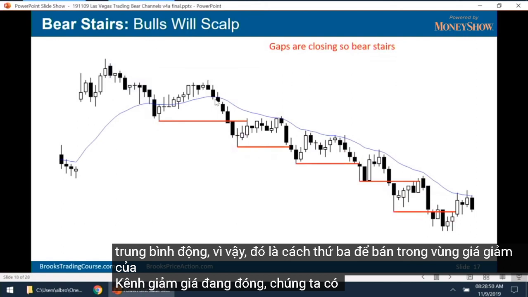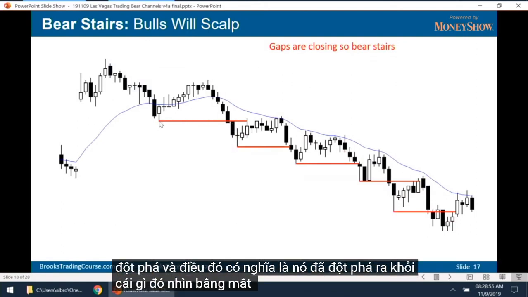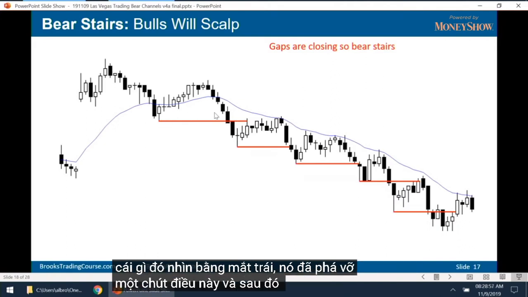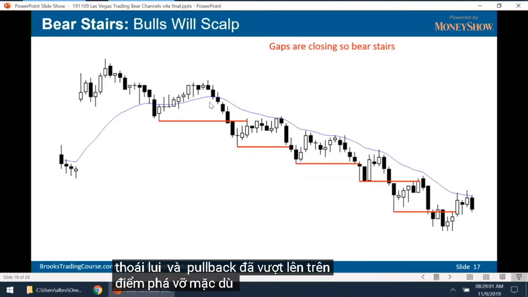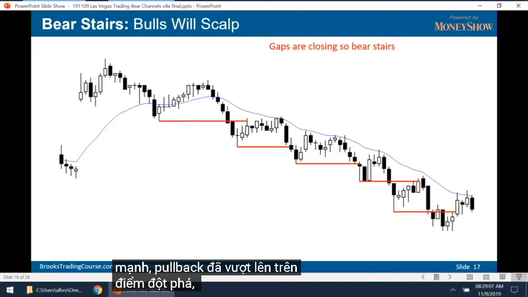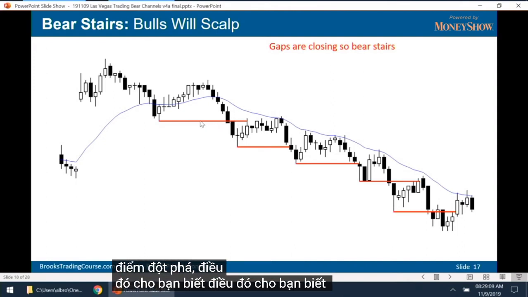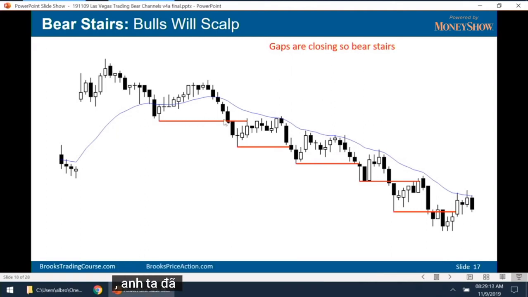Gaps are closing. We have a breakout, and that means it broke out of something. Look to the left, it broke below this. And then we have a pullback, and the pullback went above the breakout point. Even though it's a very strong breakout, the pullback went above the breakout point, right? What does that tell you? It tells you that a bull who placed a limit order to buy at this low, he got filled here.